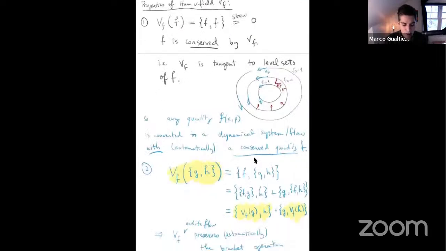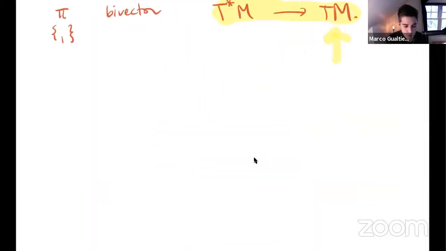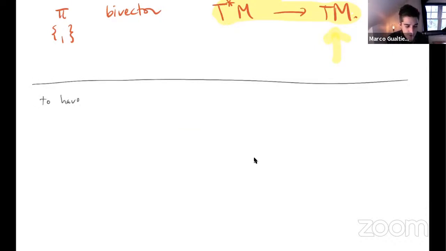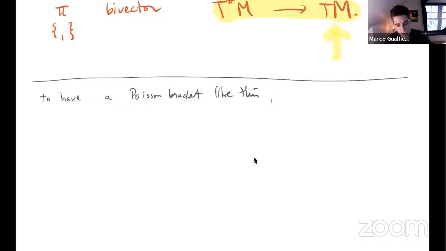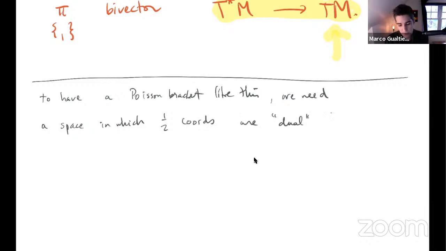So in order to have this operation, the assignment goes into detail a little bit about exactly this point, but let me just say a few words. To have a Poisson bracket like this, we need a space in which half of the coordinates are dual to the other half.